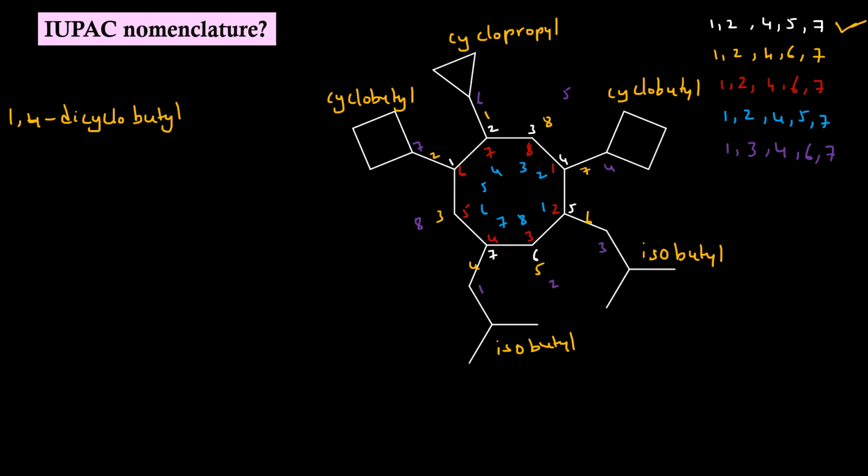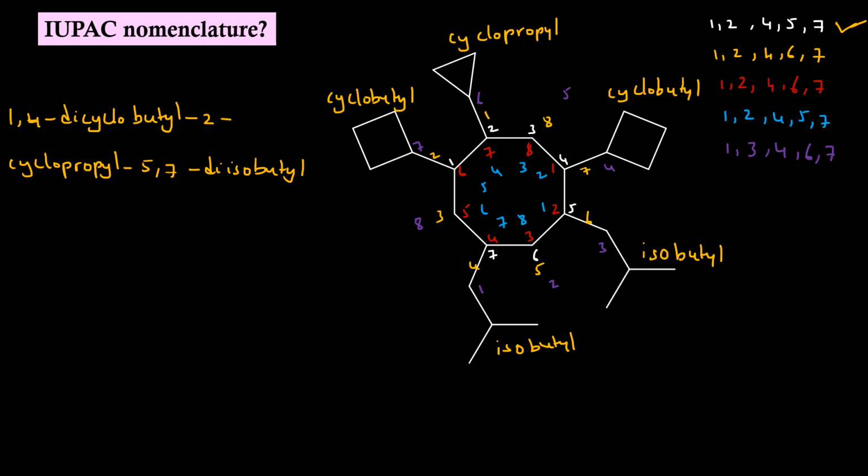Then comes cyclopropyl, that is at position 2, 2-cyclopropyl, and then we have at positions 5 and 7 isobutyl twice, so 5,7-diisobutyl. This will be our secondary prefix.